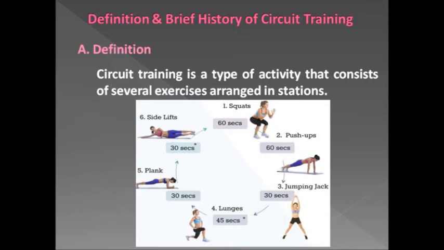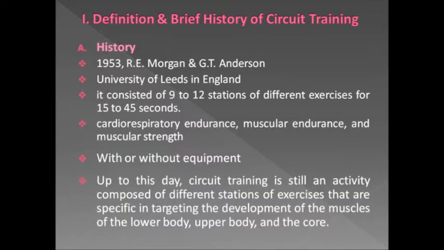Now let's proceed to a brief history of circuit training. The year was 1953. R.E. Morgan and G.T. Anderson first developed the activity at the University of Leeds in England.